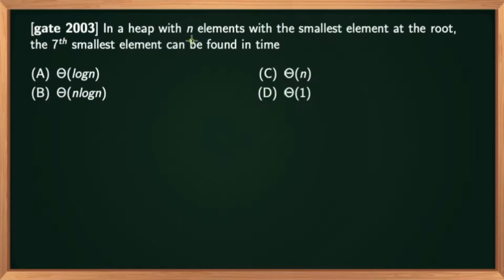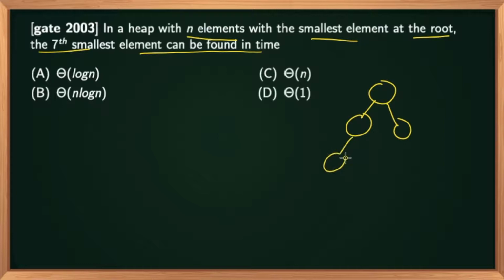In a heap with n elements, with the smallest element at the root, that means a min heap, right? The 7th smallest element can be found in what time? Okay, so you have a heap and you have to find the 7th smallest element, right? So you have a heap, something like this.